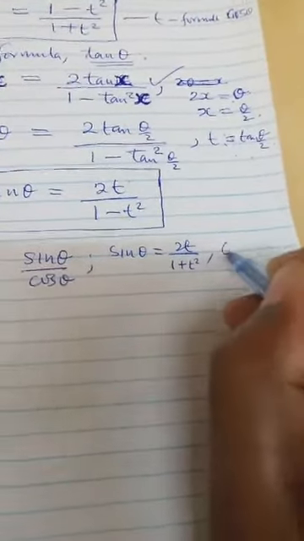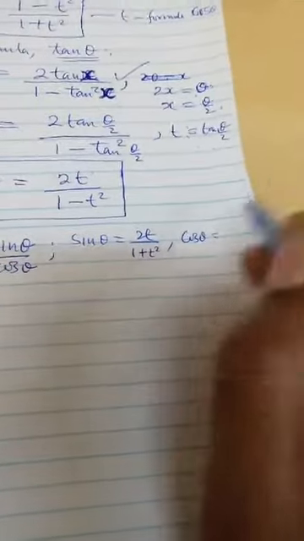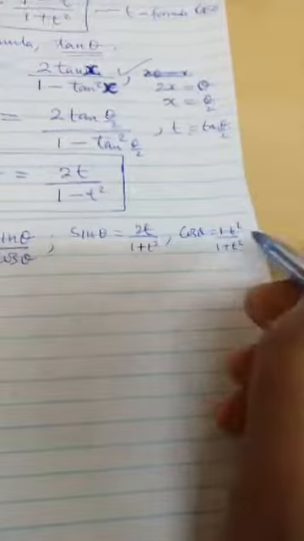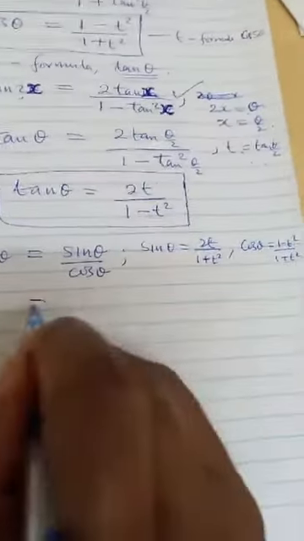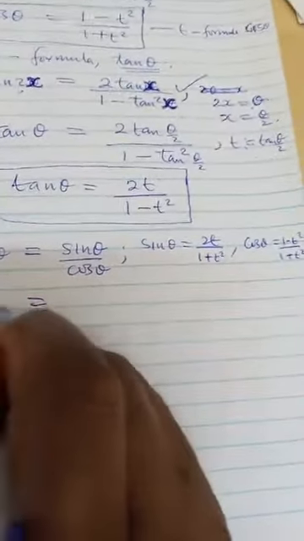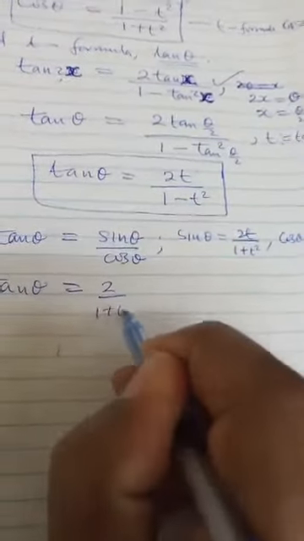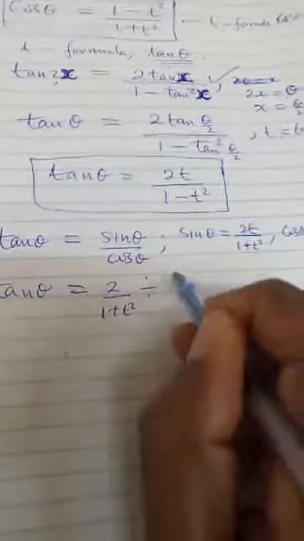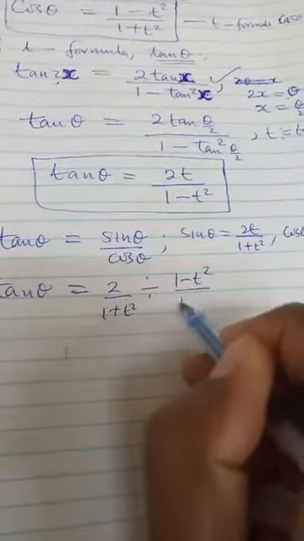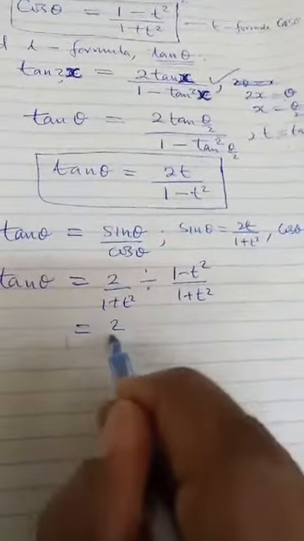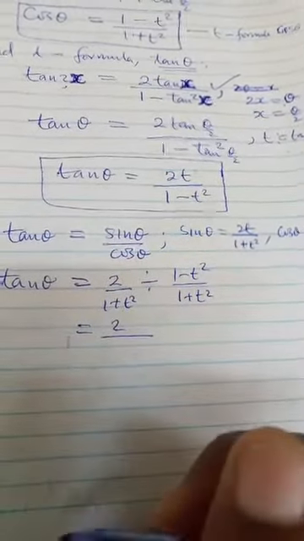And we have also got cos theta as 1 minus t squared over 1 plus t squared. So we can substitute direct for sine and cos as 2t out of 1 plus t squared divided by 1 minus t squared out of 1 plus t squared. If we do the mathematics, we get 2t.